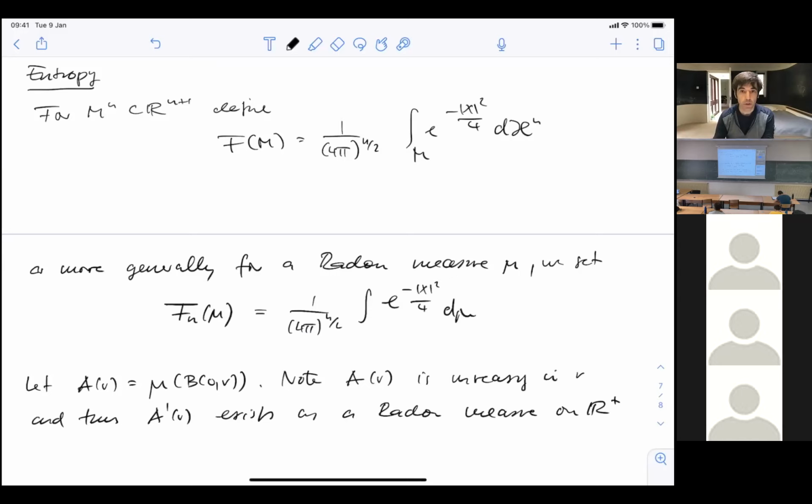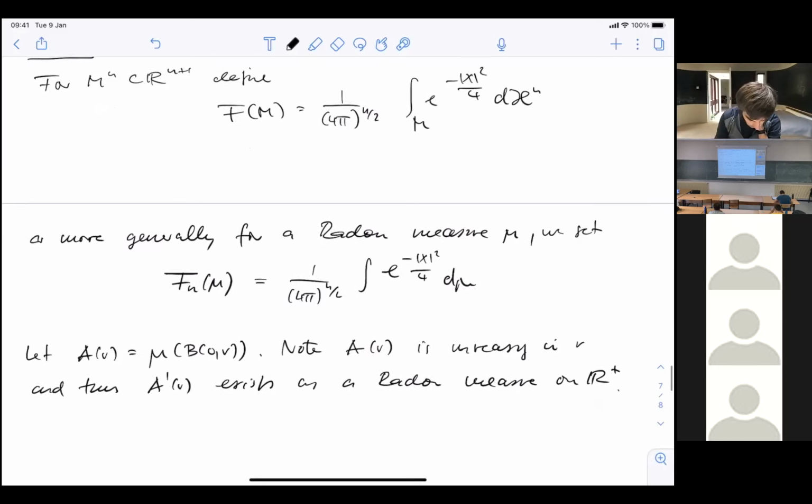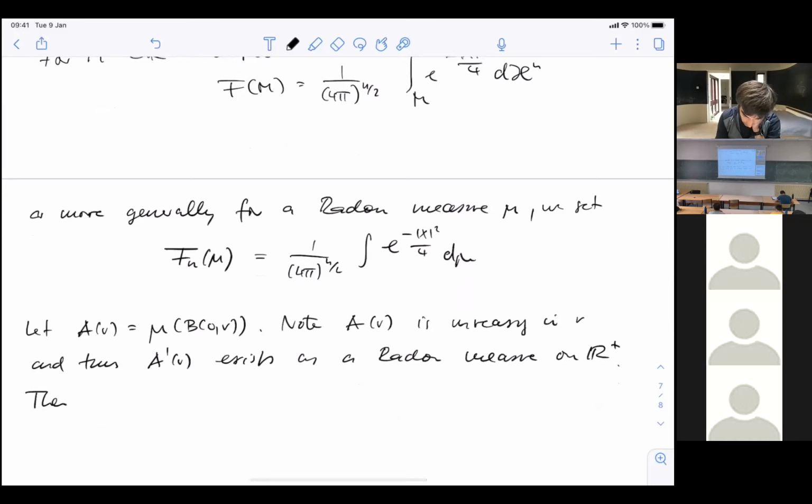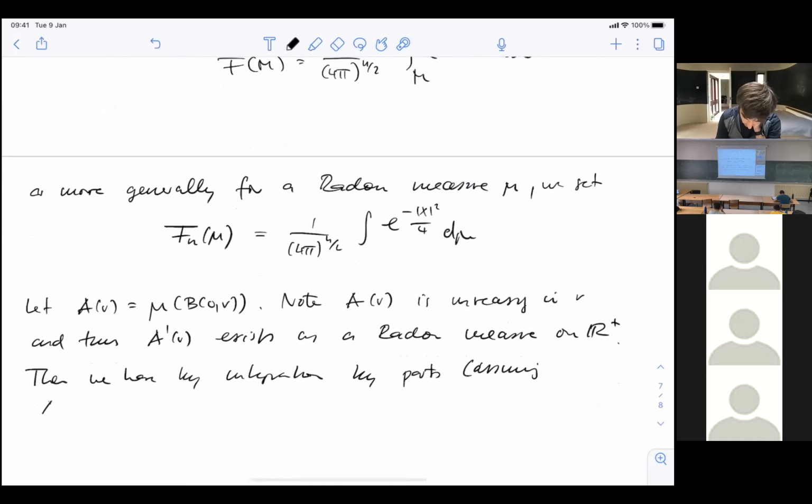If you have a monotone function, it can have countably many jump times. At these jump times, you get delta measures, and otherwise you get the derivative. Okay, but this means we can integrate by parts. We can first use the coarea formula and then integrate by parts. Then we have, by integration by parts, assuming A of r grows sub-exponentially.